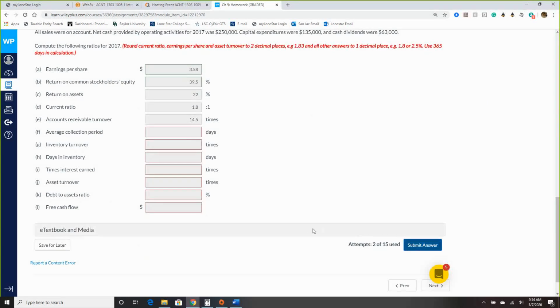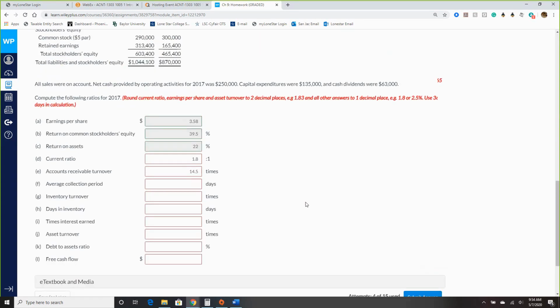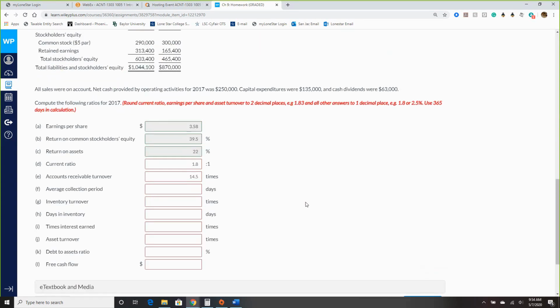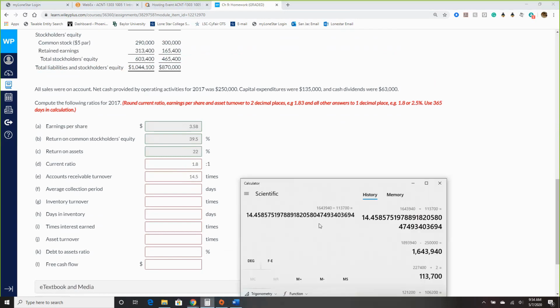I want to go ahead and check that. Oh. They're both saying that's wrong. Okay, I'm finding out some issues going on here. One, the current ratio should not be that bad.